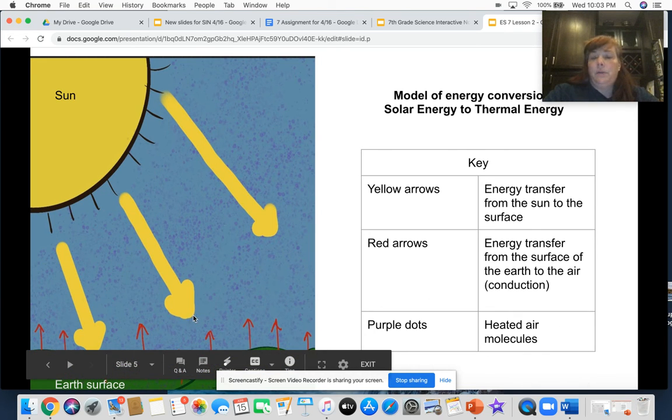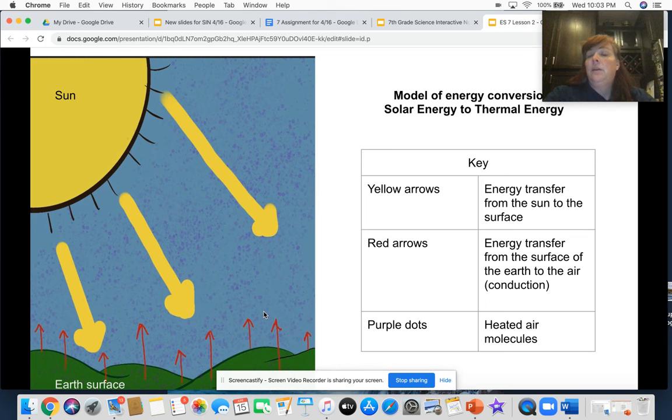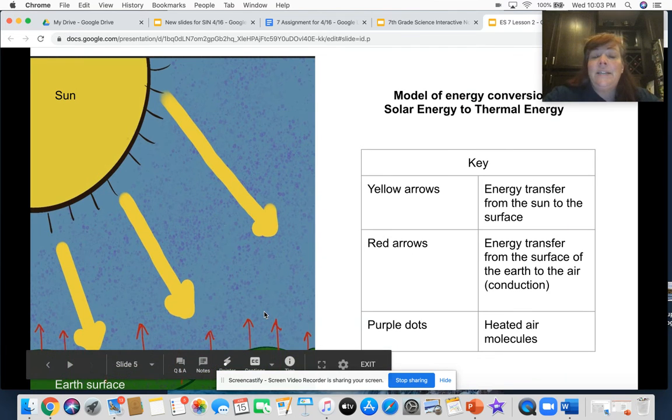The red arrows coming up stand for the energy transfer from the surface of the earth into the air. So it's taking this light energy, transferring the heat into the air molecules by way of conduction.